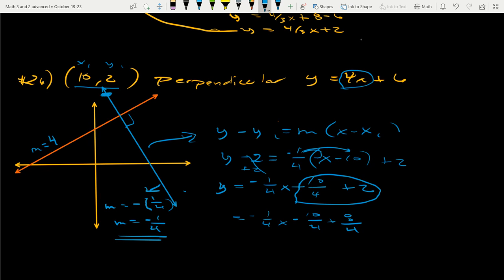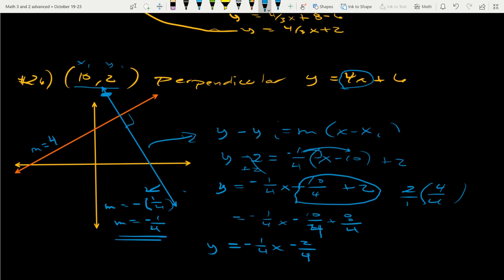So don't forget when you convert this to fourths, it's going to be 2 over 1 times a whole number with a denominator of 4. So 2 times 4 is 8. 1 times 4 is 4. So now I can clean this up. I get negative 1/4 x plus 10 plus 8 over 4, which is 18 over 4. And that's a y equals. And if you want to, you can convert that to a simpler fraction, or you can leave it as it is.